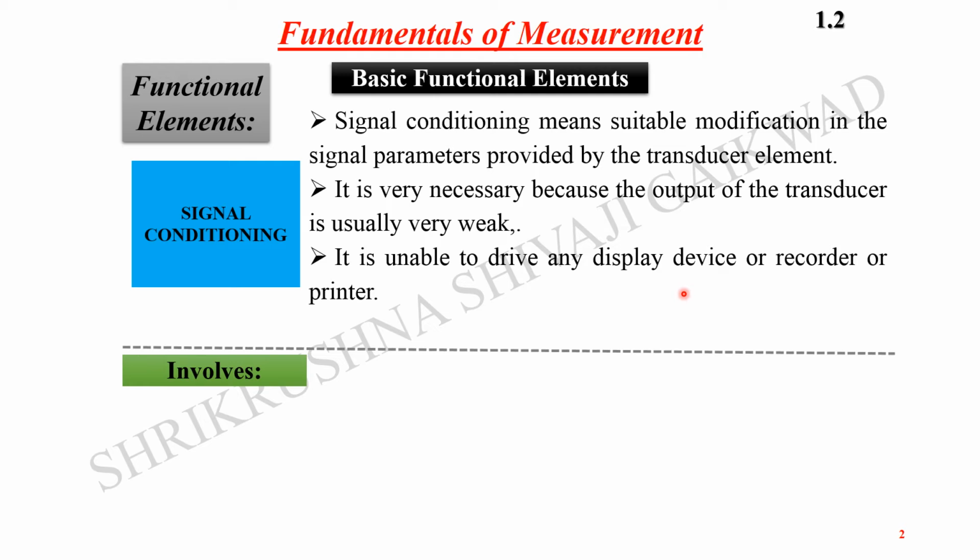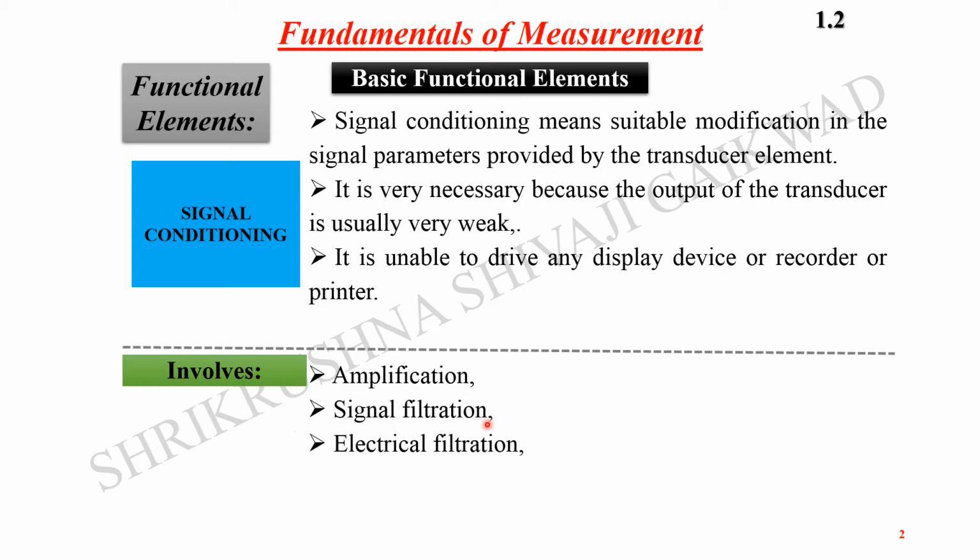So what does signal conditioning involve actually? What is it composed of? Signal conditioning means we need amplification to drive these big displays or the recorders or the printers. Obviously signal filtration, we need to remove the unwanted signal and filter out the wanted signal for the specific application.